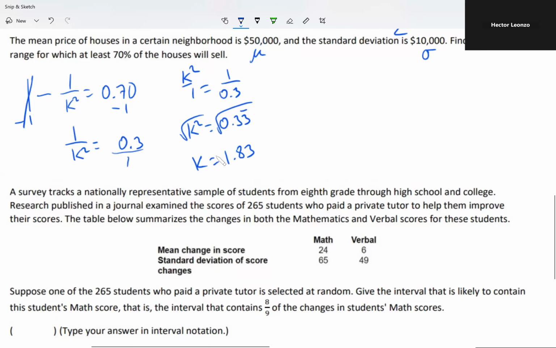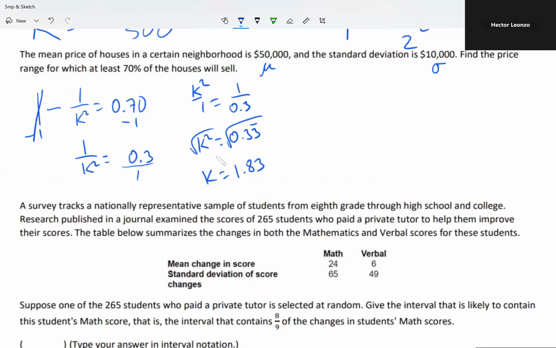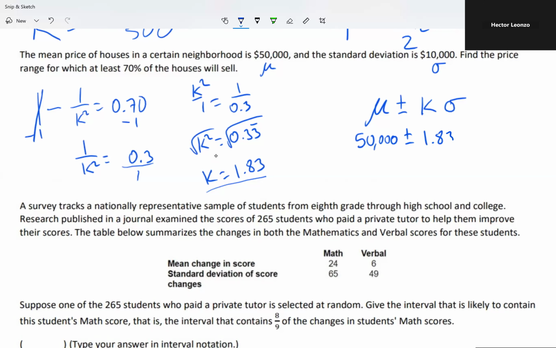But now here it's asking to find the price range. So for my price range, I'm going to go the mean plus or minus my K value times my standard deviation. For my mean, I know it's 50,000 plus or minus 1.83, and I know my standard deviation is 10,000.